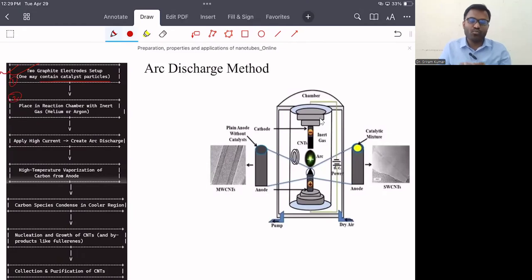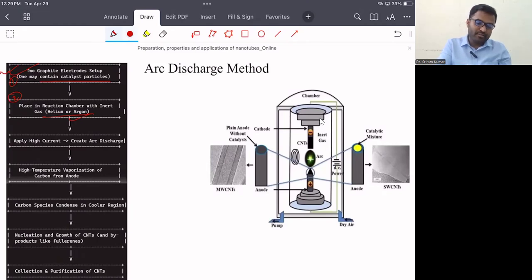The second step is about the reaction chamber condition. In this case, we should use an inert gas, maybe helium or argon. This is used to stabilize plasma formation inside the chamber.